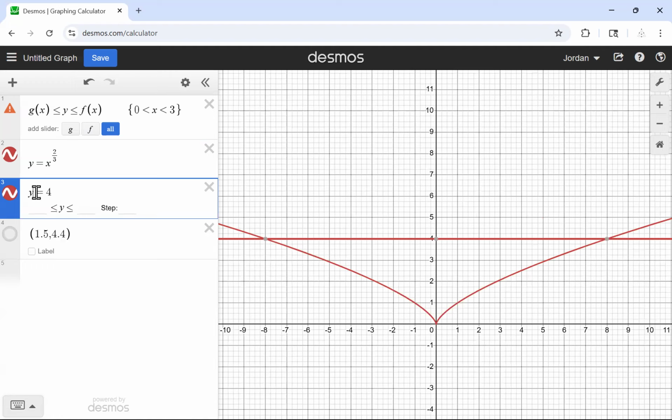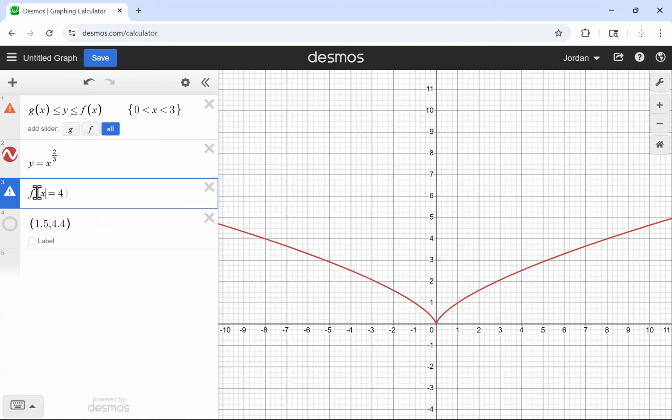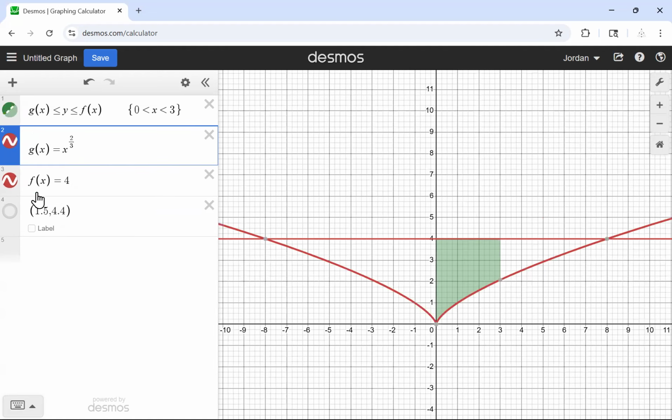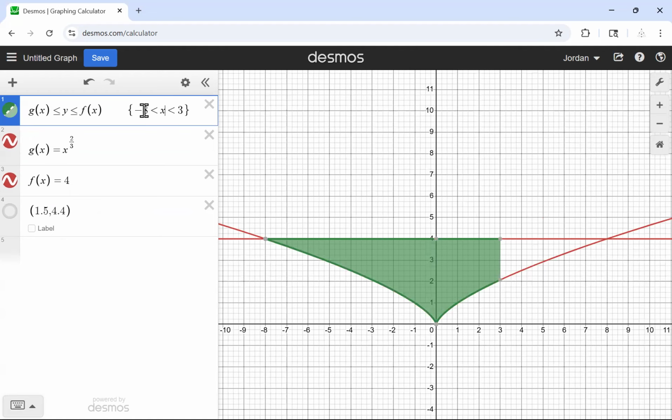So when I'm calling something my f of x and something else my g of x, the f of x is going to be the top one and the g of x is going to be the bottom. If I flip those, then I'll get negative moments where I should have gotten positive or vice versa.